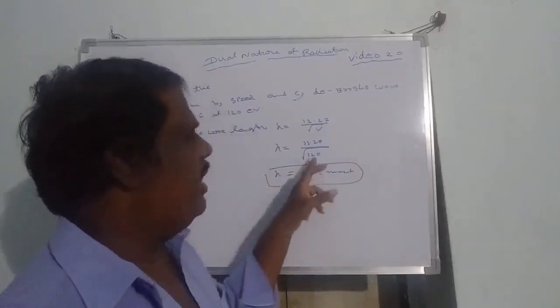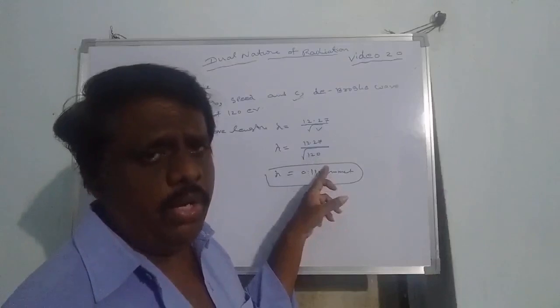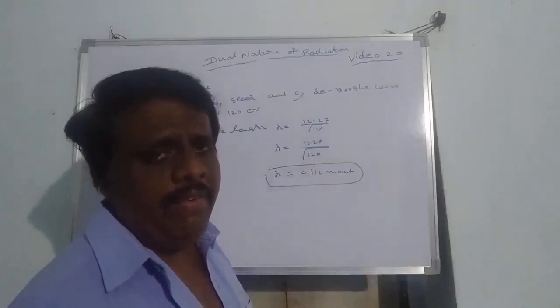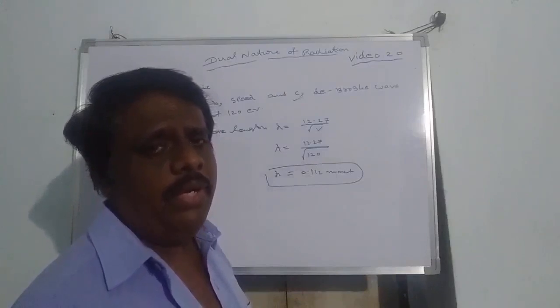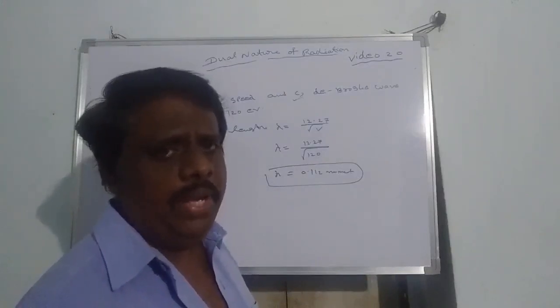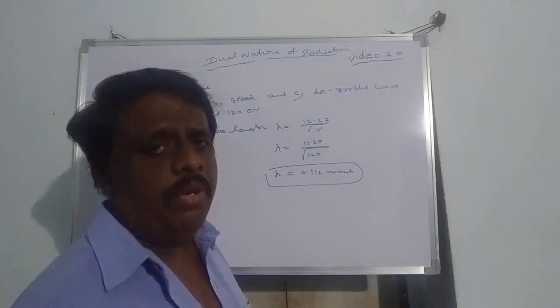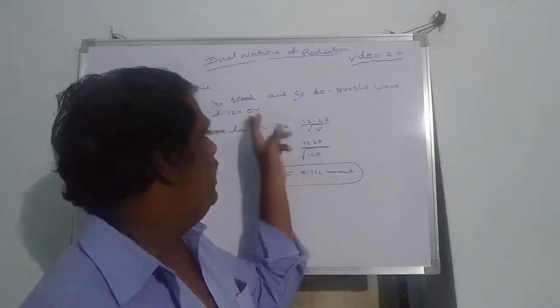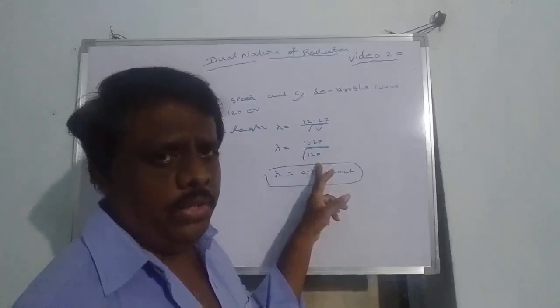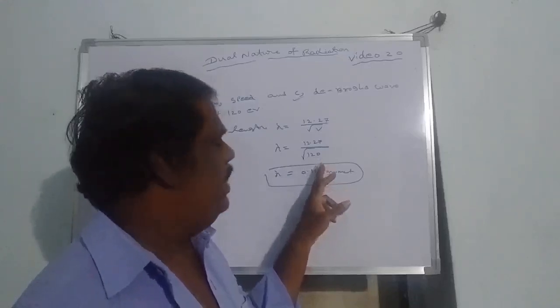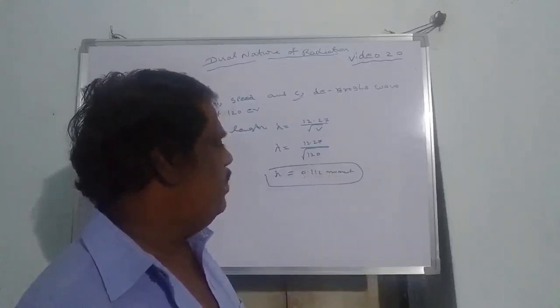If they do not give this potential value, we have to take 54 volts, because we get the maximum value at the operating voltage of 54 volts. But here they have given the potential difference of 120 electron volts, so we can use 120. Finally we get the wavelength 0.112 nanometers.